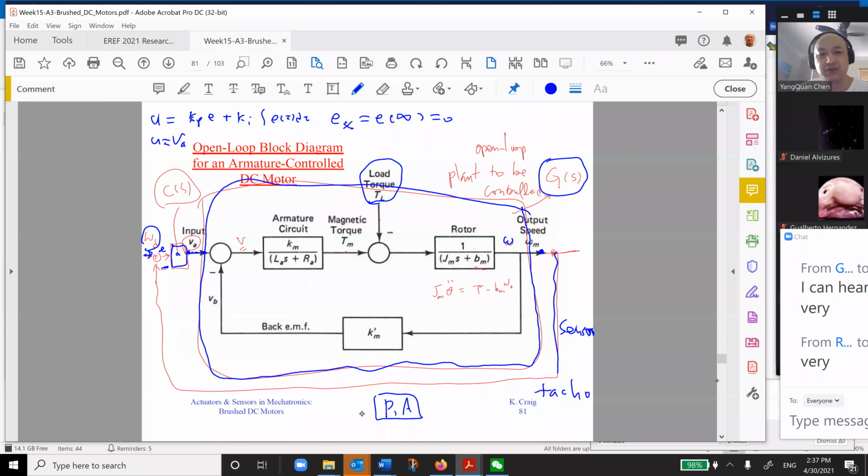So you got a U in here, the controller signal, then this is the VA. But usually we treat this power amplifier as 1, a 1-to-1 relationship, so we usually ignore it, but you should know physically there's something here. It's called a power amplifier. Otherwise, you don't have enough power to drive the motor, okay?